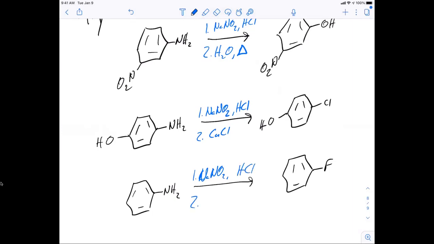And here, this is not one of the Sandmeyers, so this is HBF4, so tetrafluoroboric acid. Questions about these?